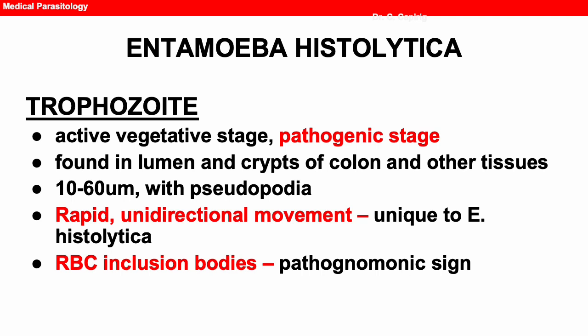They have a characteristic rapid unidirectional movement, and the pathognomonic sign of Entamoeba histolytica is the presence of red blood cell inclusion bodies, because Entamoeba histolytica engulfs red blood cells. This is what makes it pathogenic. Among the amoebas, Entamoeba histolytica is the most pathogenic and most clinically important.